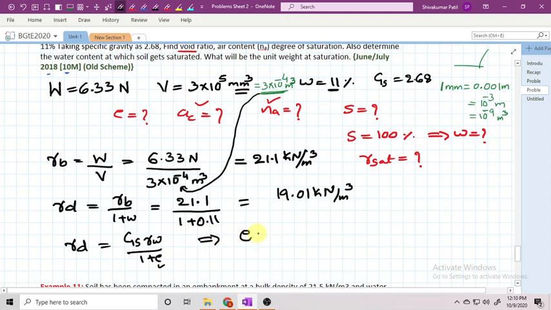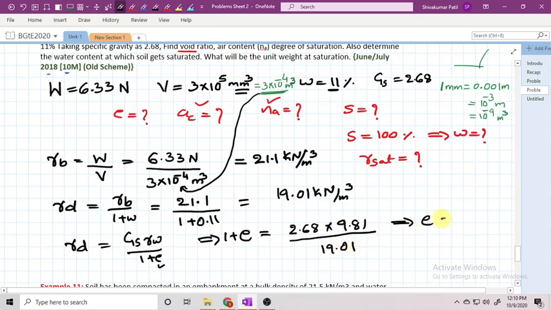So 1 plus E equals, what is the specific gravity? Specific gravity is 2.68 into density of water, 9.81 or 10 also you can take, divided by the dry density, 19.01.